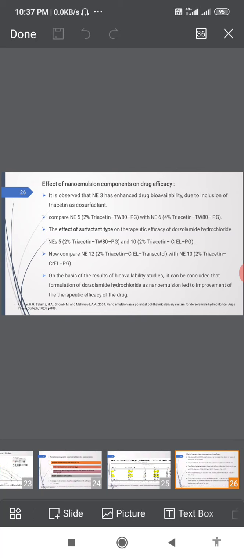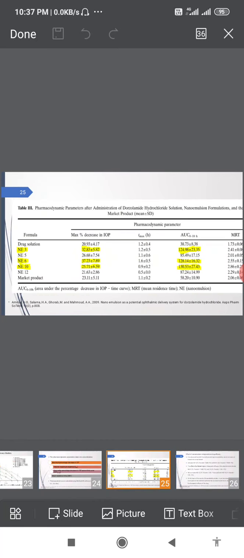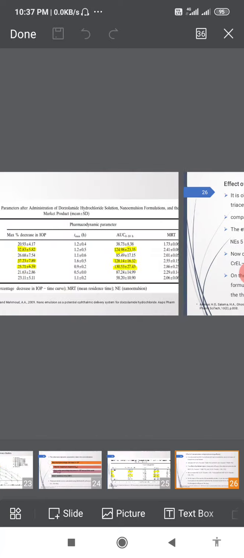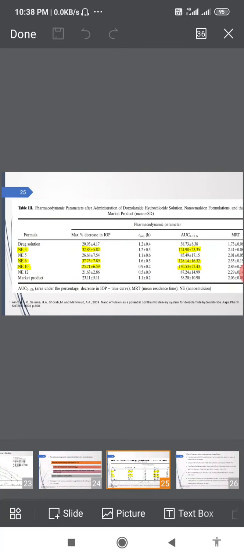The effect of nanoemulsion components on drug efficacy. It is observed that nanoemulsion 3 has enhanced drug bioavailability due to the inclusion of triacetin as a co-surfactant. Now when we compare nanoemulsion 5 and nanoemulsion 6, nanoemulsion 6 has 4% triacetin in the formulation, while nanoemulsion 5 has 2%.